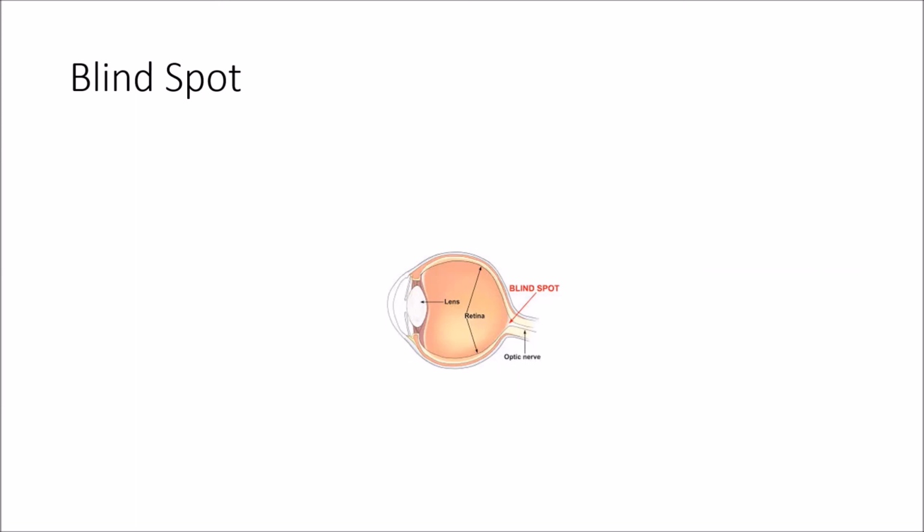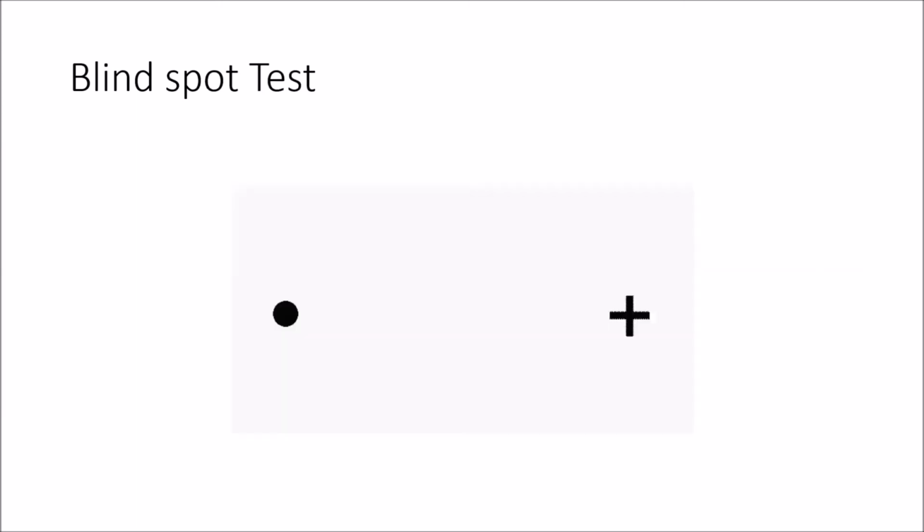And you also have this thing called a blind spot test. Now, I don't know if it'll work on your phone, but you could try it. Basically, if you're watching this video on your phone, if you close your right eye, and focus on the cross, and bring your phone or your laptop a little bit close to your face, as you're moving it towards you, you will see that the dot to the left of it might disappear.